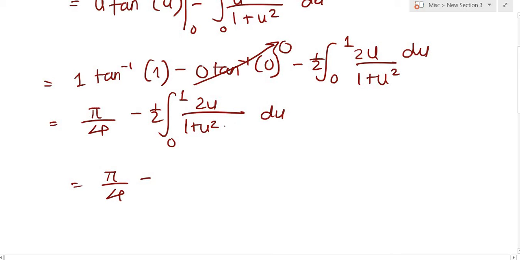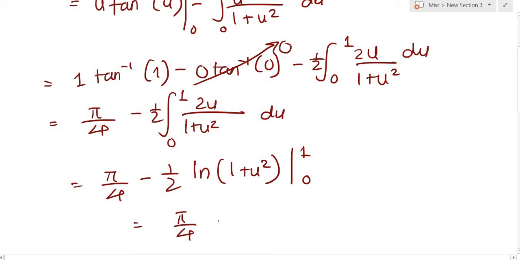And well, when we have the derivative of a function in the numerator and the function in the denominator, and we integrate that, we always obtain the natural log of 1 plus u squared, or whatever that function was. Here it's 1 plus u squared. We evaluate that from 0 to 1.